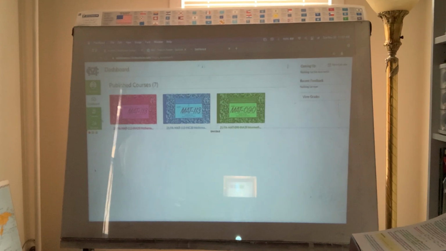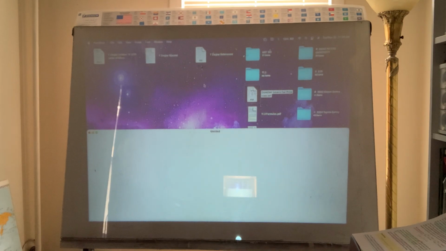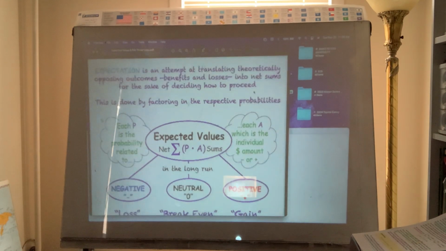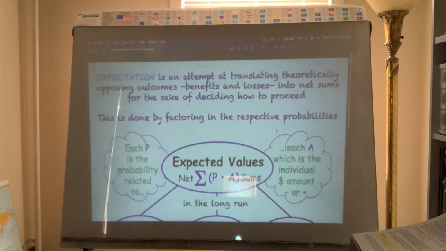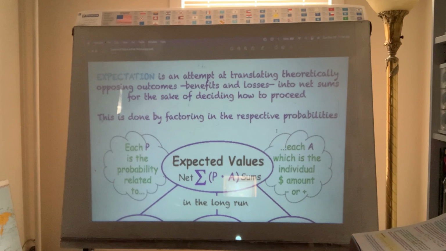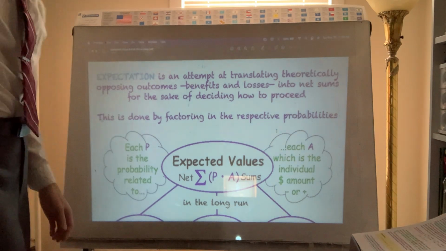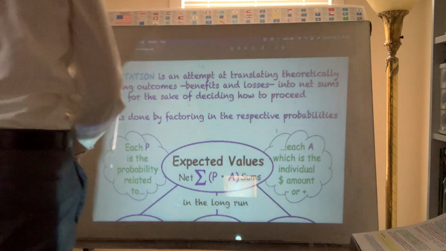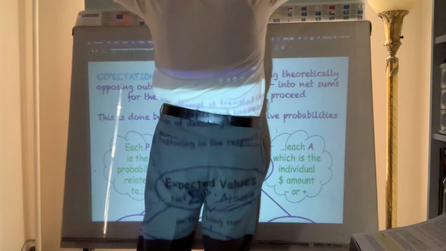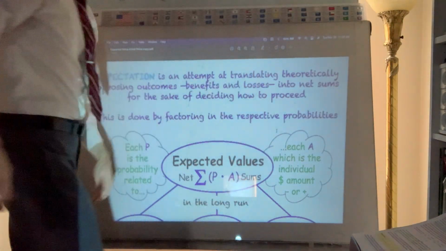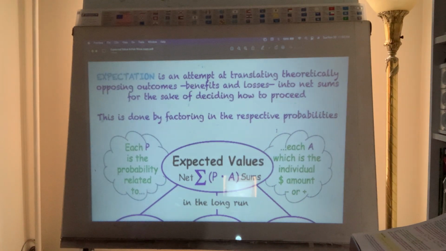Okay, here's the overview diagram. Humor me as I discuss the intricacies of this. Is that legible? I may need to adjust the lights a little bit more. I think that's a little bit better.